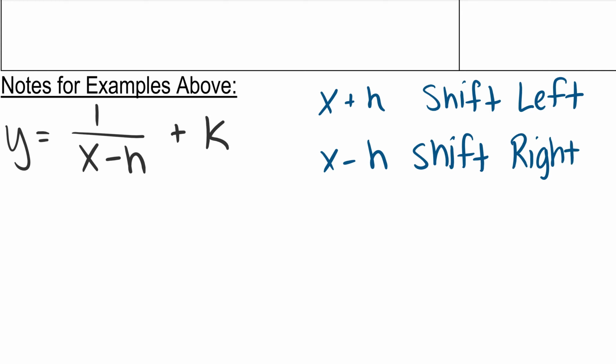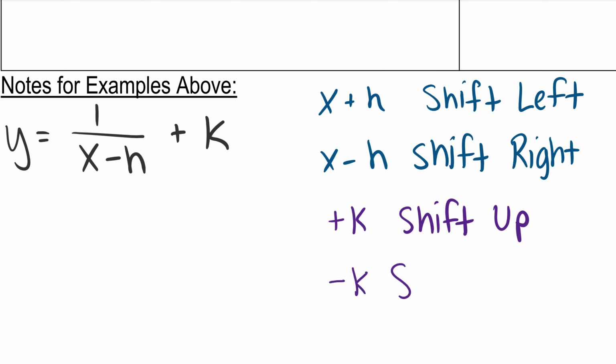If I have plus k on the end, I shift up. And if I have minus k, then I shift down. Okay, so far, everything's been the same. So we have left, right, up, down.